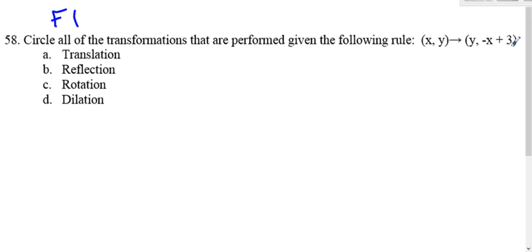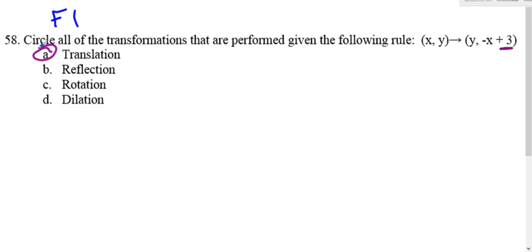So here's a rule. They switch x and y, x turns negative, and they add on. So the adding of a number there, that's a translation. The xy goes to y negative x.